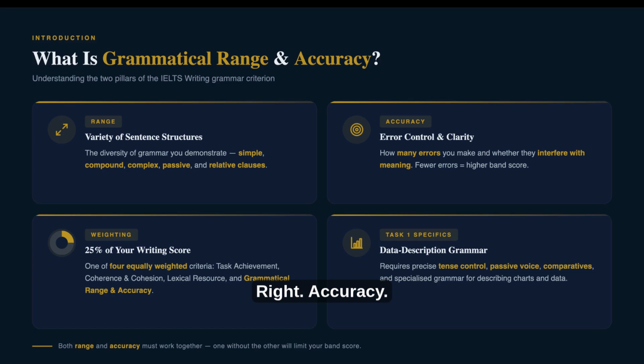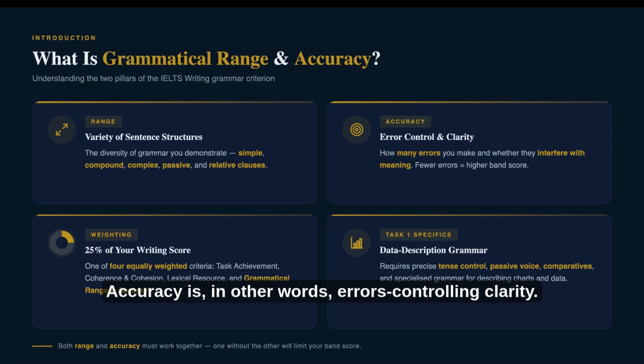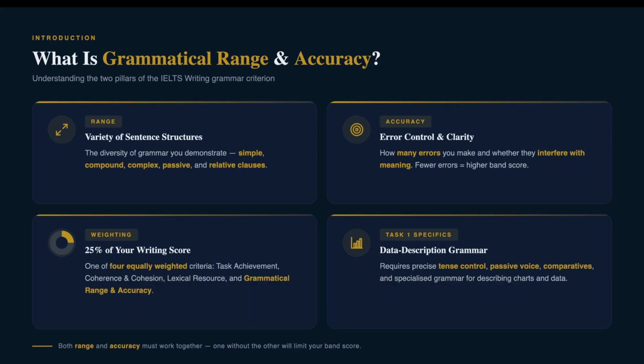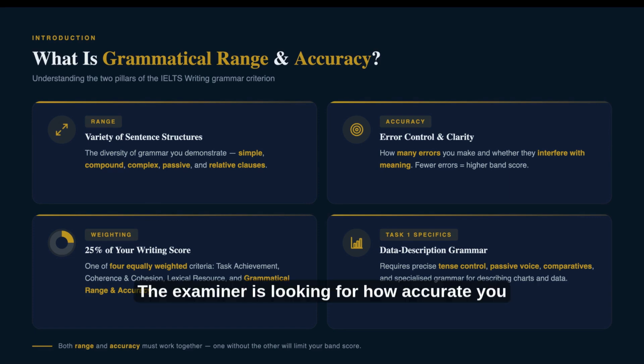Right. Accuracy. Accuracy is, in other words, error control and clarity. The examiner is looking for how accurately you can use grammar or sentence structures in your academic IELTS writing task 1.